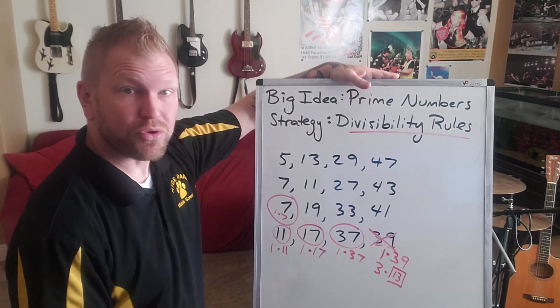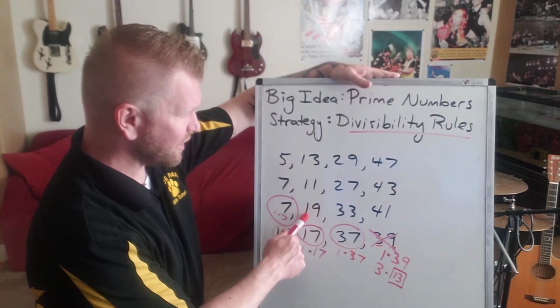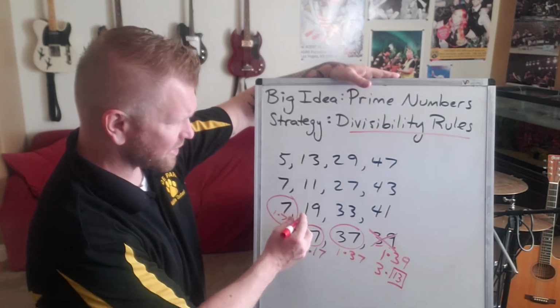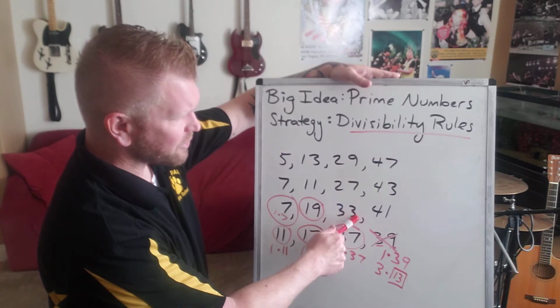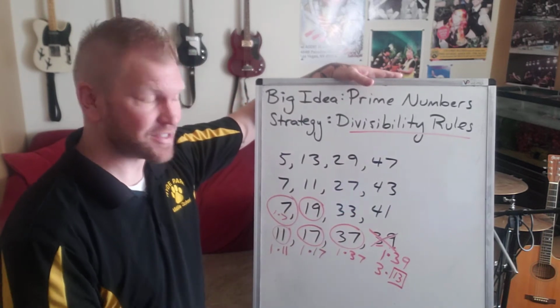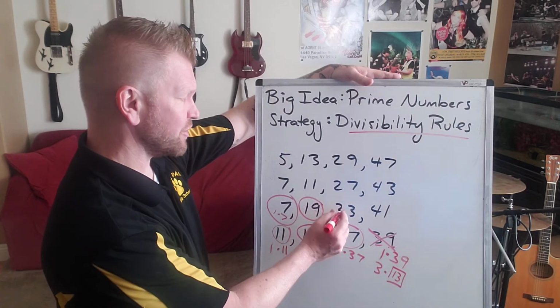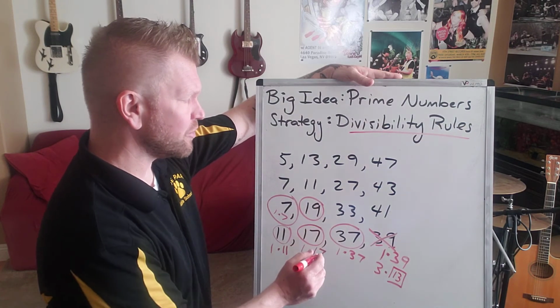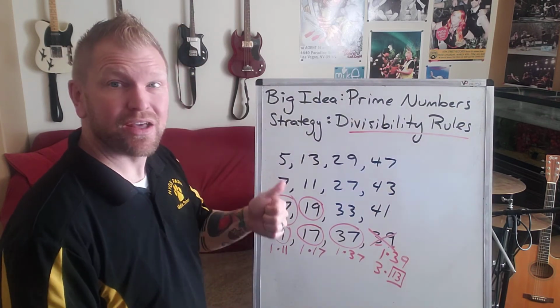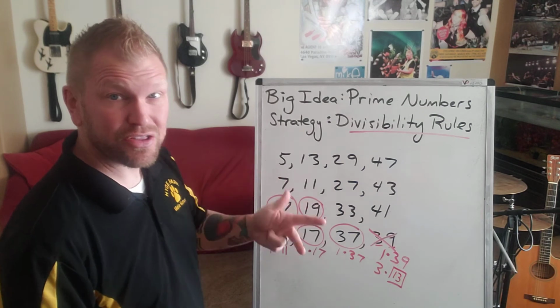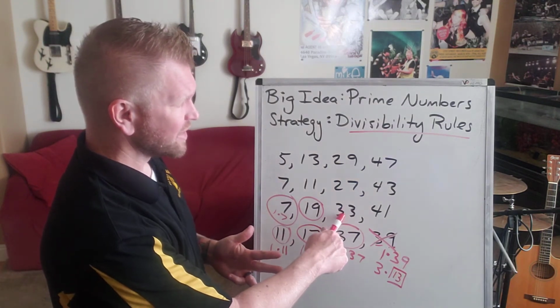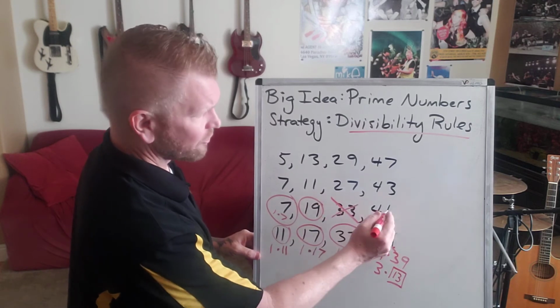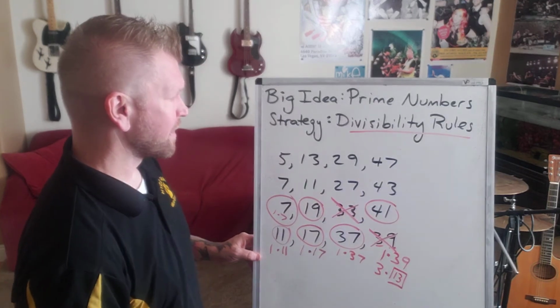Okay, so remember the rule is add up the digits. 9 plus 1 is 10. Is 10 divisible by 3? Nope. Is 19 a prime number? Yes, it is. 33. 3 plus 3 is 6. Does 3 divide into 6? Yes, it does. That means 3 divides into 33, which means this has more than 2 factors. It's got 1, 33, and 3, and also 11, because 3 times 11 is 33. So this is not a prime number. 41 is a prime number.